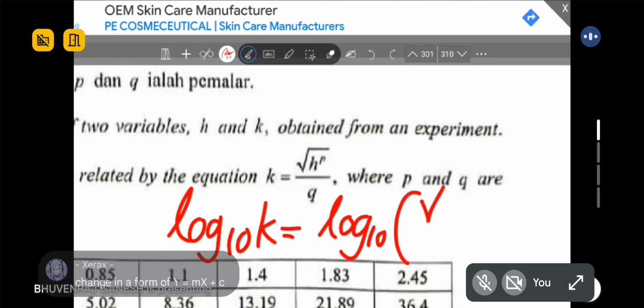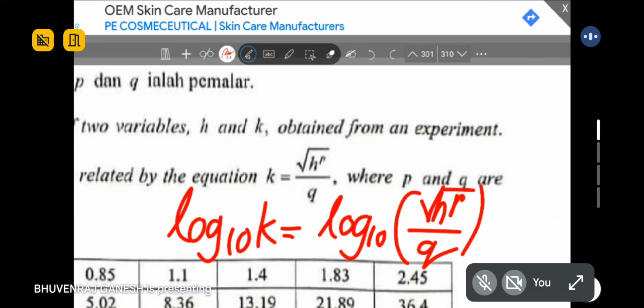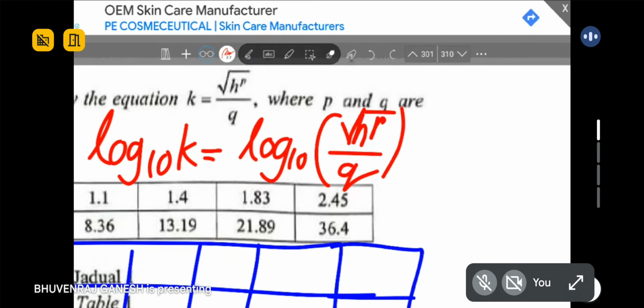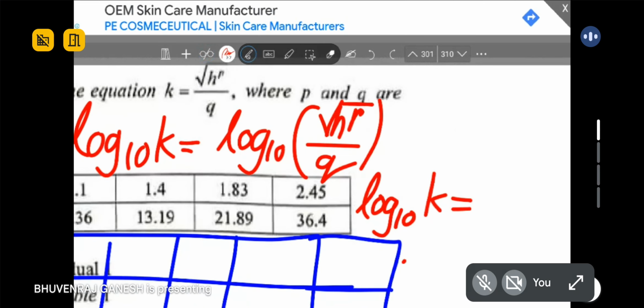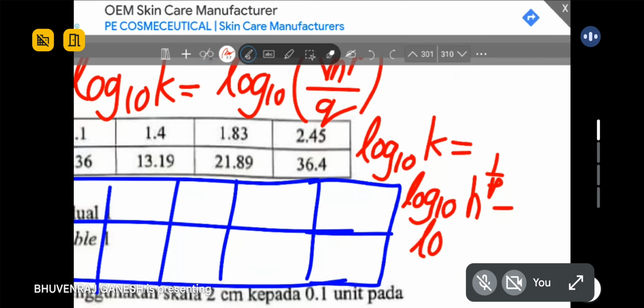Can you see, guys? Yes, change into that format. So guys, when divide, what can you do with log? Bahagi jadi apa? On my right hand side, it will become minus. Jadi tolak. So you will have h power 1 over p minus log 10q. So it's something like this.